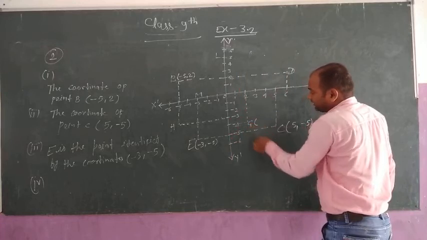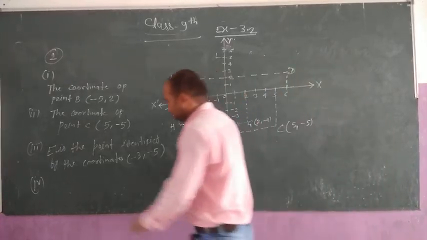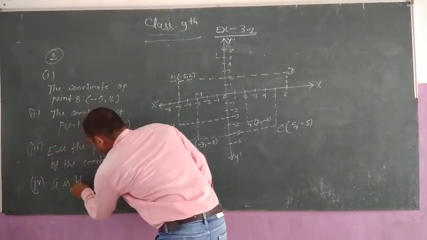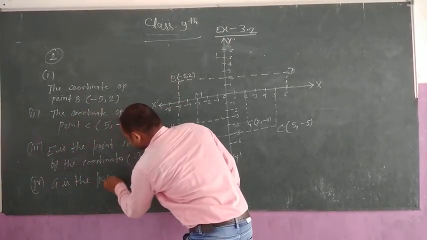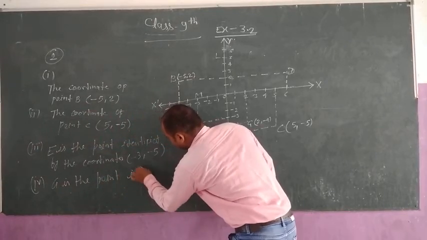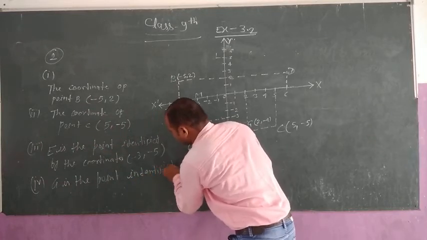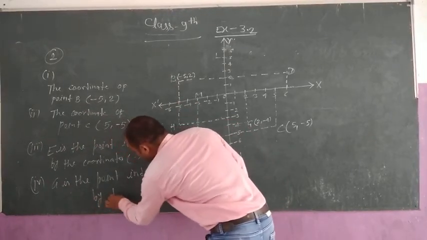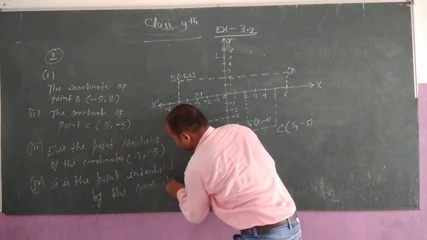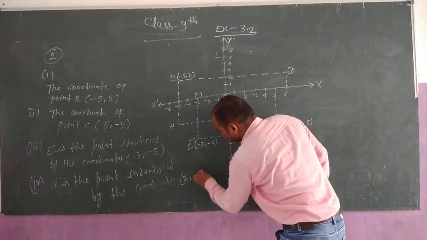Then point is G. So G is the point identified by the coordinate 2 and -4.